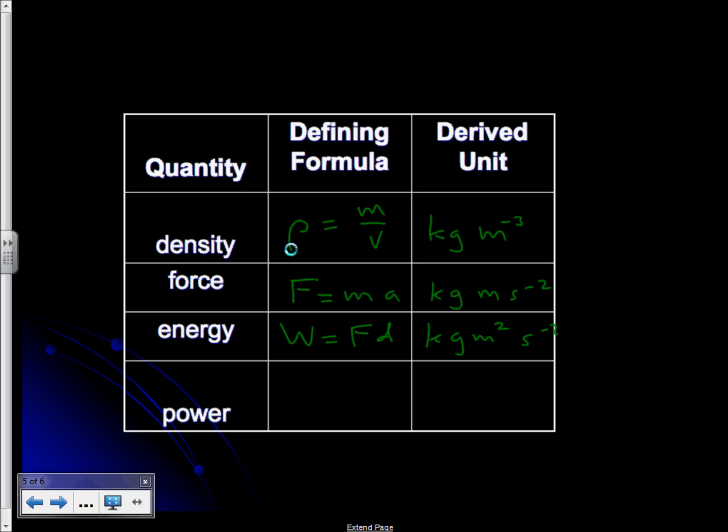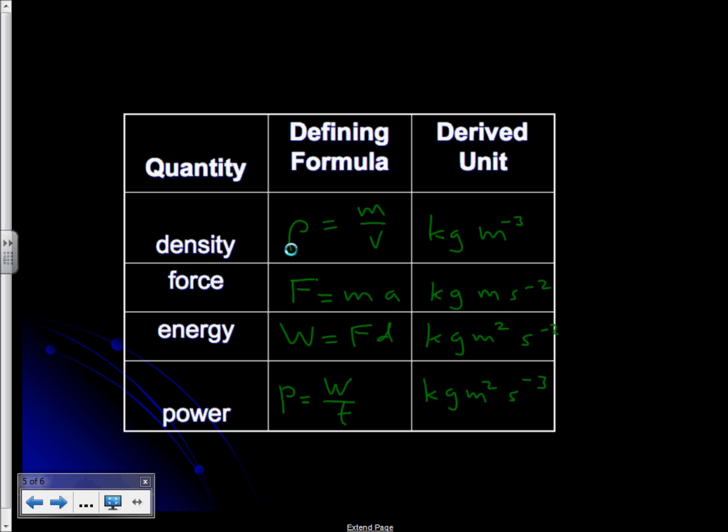Power is work done divided by time taken. So we take the derived unit or the base units for energy and we divide by seconds. So kg meters squared, seconds to the -2 divided by seconds becomes seconds to the -3. Be careful with that one.